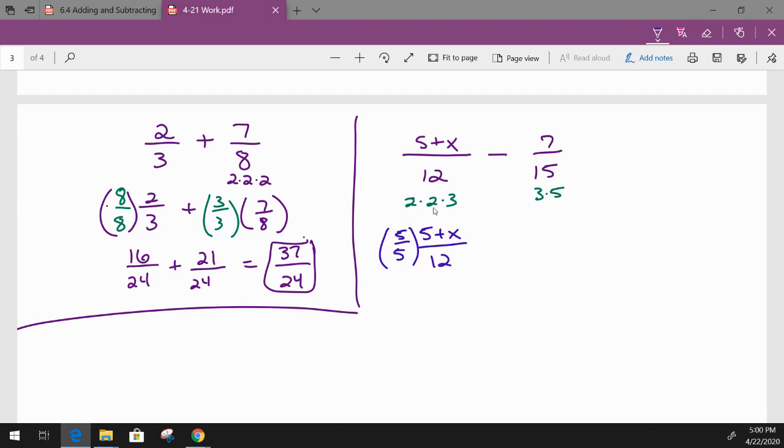And the reason why we had to multiply by 5 is so that we would get that common denominator. So again, if you look at your factors, you've already got a 2, 2, and a 3, so you're just missing the 5. In the second fraction, since you already have a 3 and a 5, you basically want to multiply by 4, because 4 is the equivalent to 2 times 2.